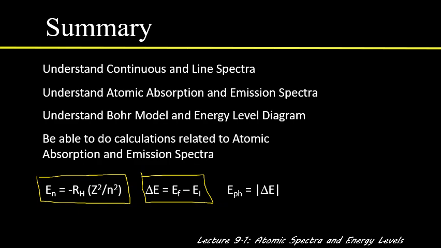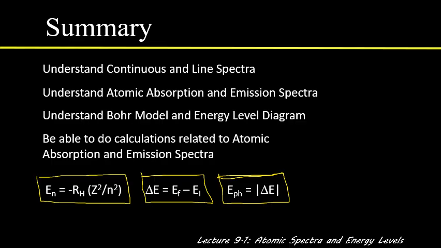And remember that if the electron goes from high energy to low energy, delta E should be negative, meaning that a photon is emitted. And if the electron goes from low energy to high energy, delta E should be positive. And in that case, a photon would have to be absorbed. Even though delta E can be positive or negative, the amount of energy carried away by the photon has got to be positive. So the energy of the photon is just the absolute value of delta E.